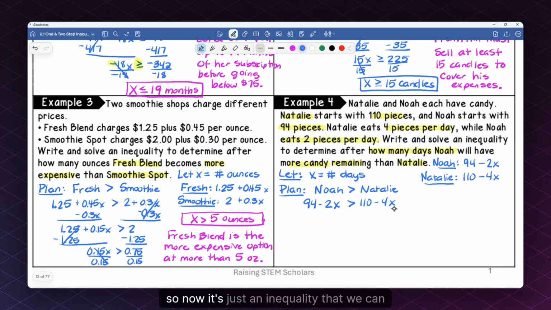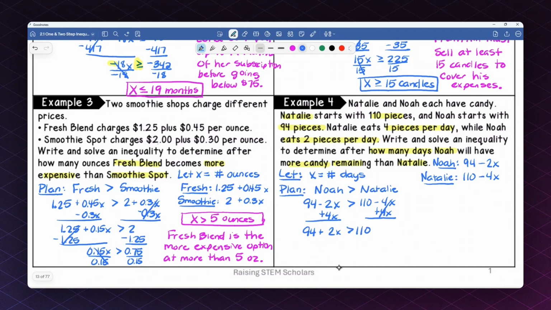Okay, so now it's just an inequality that we can rearrange. So I'm going to move my x's to my left. So we got 94 plus 2x is greater than 110. And I'm going to move my numbers to the right. So I'm going to subtract 94.